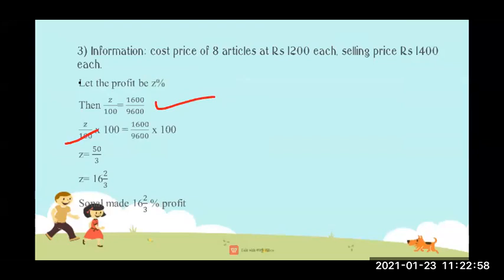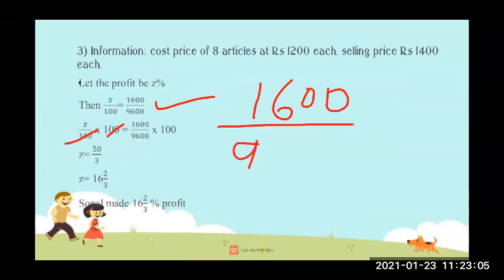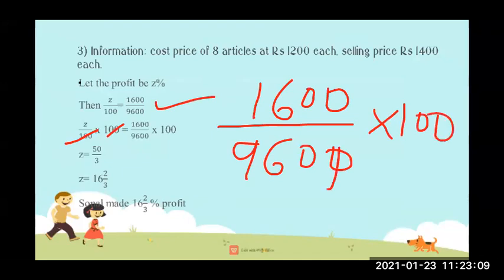So here 100 ones are 100, 100 ones are 100. See, 1600 divided by 9600 multiplied by 100. Now this 20 will cut and here also 20 we are going to cut. Now this 1696, which table is it going in? Yes, it is going by the 2 table also.